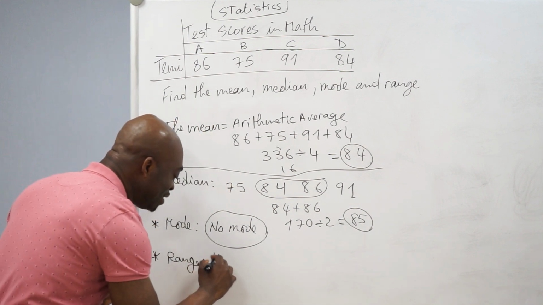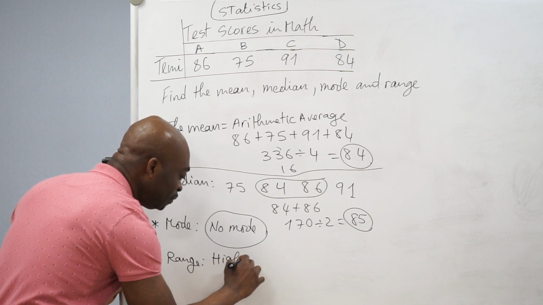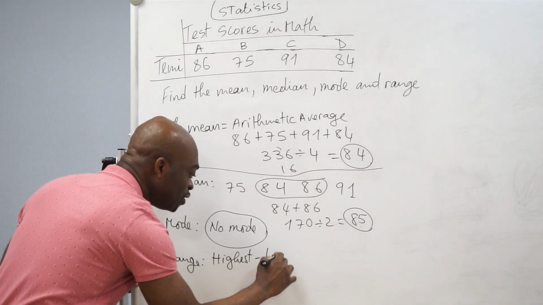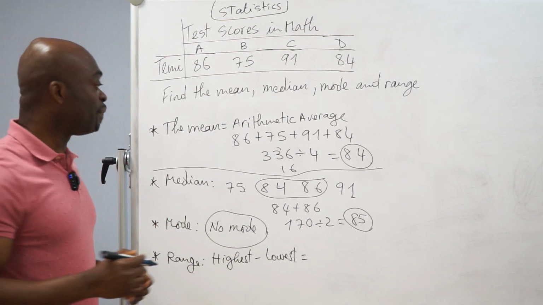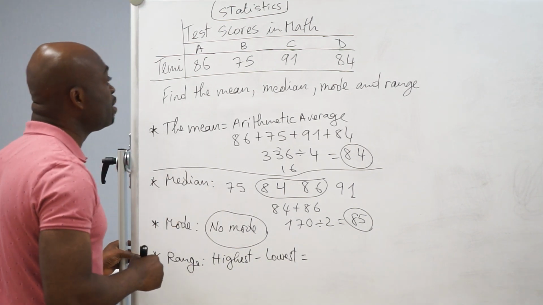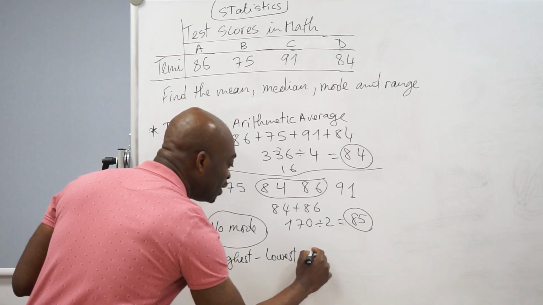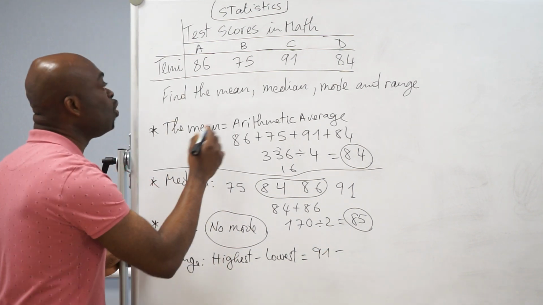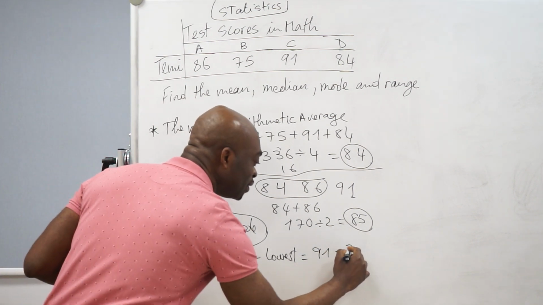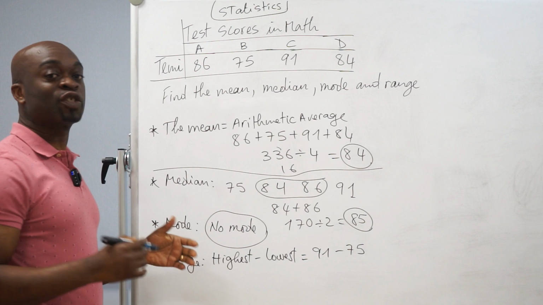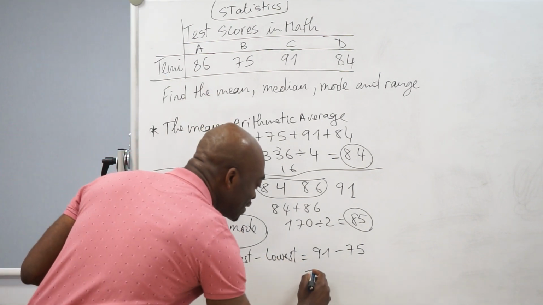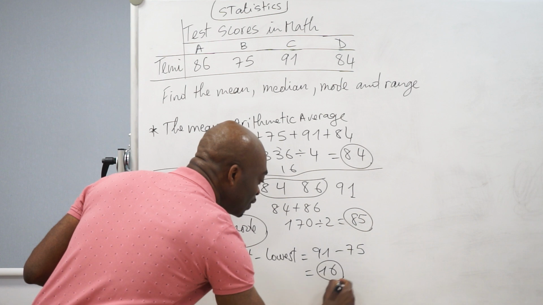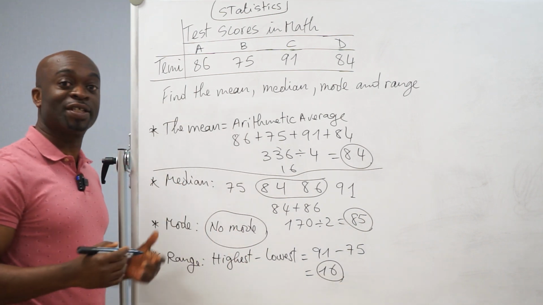So which one is the highest number here? The highest number is 91, then minus the lowest one, which is 75. So we have the highest minus the lowest number. So you end up with what? It's going to give us 16. So our range here is 16.